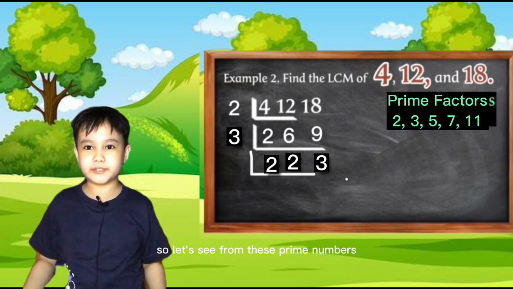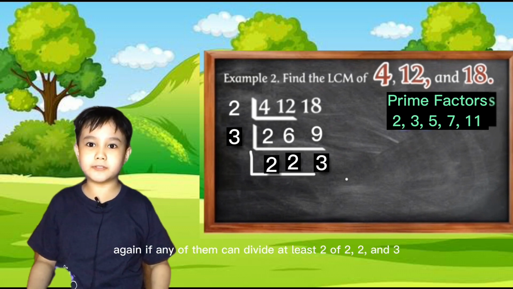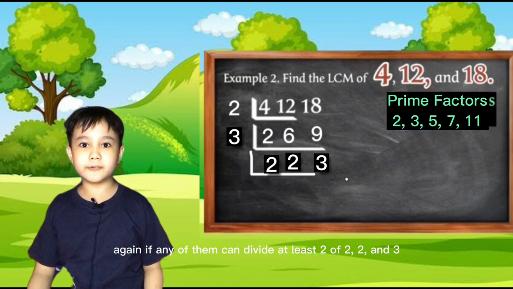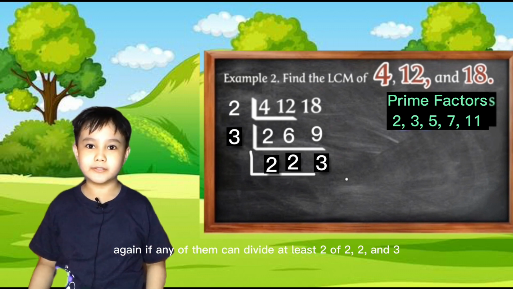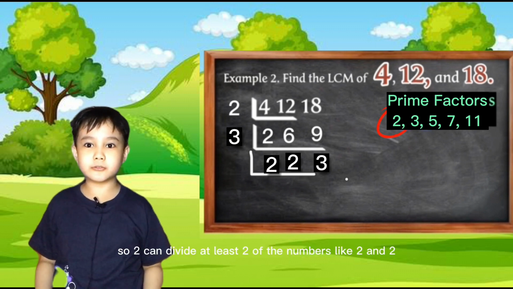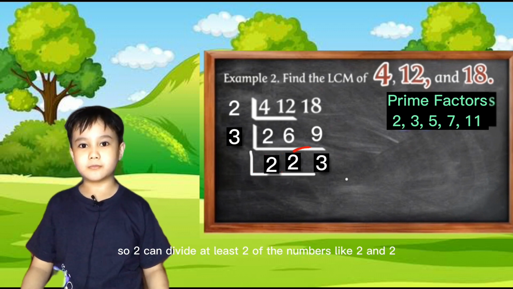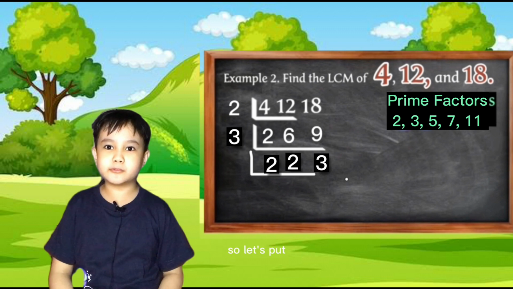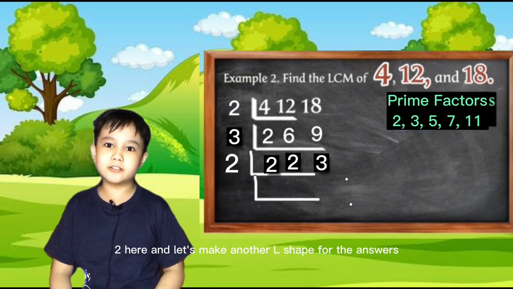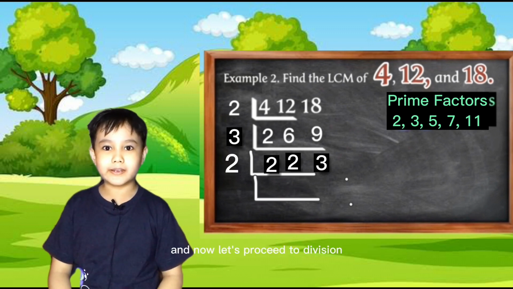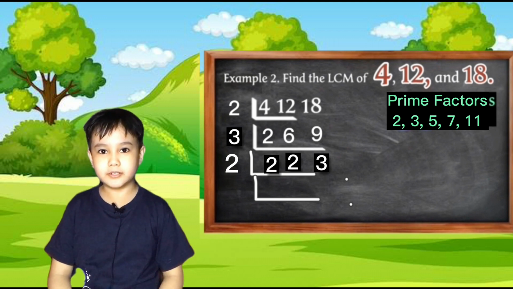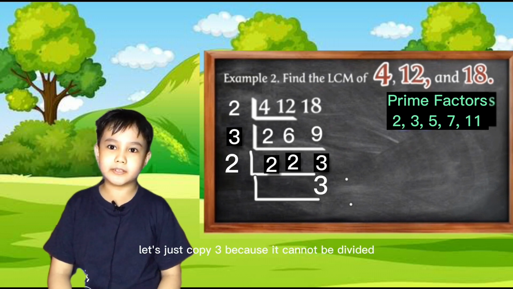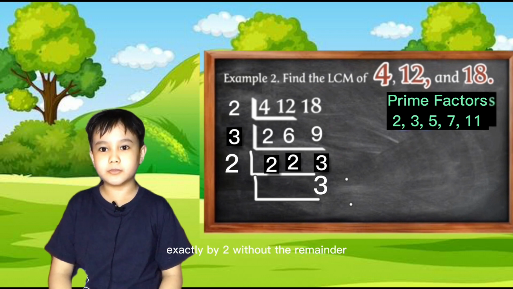So, let's see from these prime numbers again if any of them can divide at least 2 of 2, 2, and 3. So 2 can divide at least 2 of the numbers, like 2 and 2. So let's put 2 here and let's make another L shape for the answers. And now let's proceed to division. Let's just copy 3 because it cannot be divided exactly by 2 without a remainder.